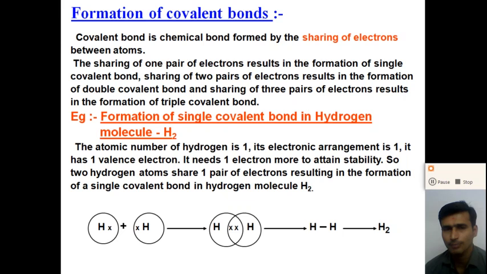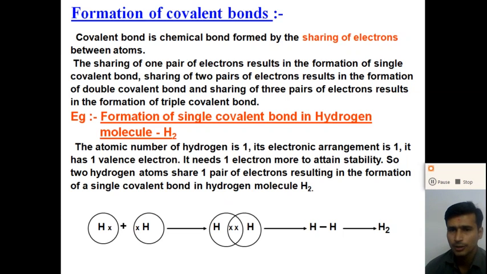The sharing of one pair of electrons results in the formation of a single covalent bond. When one electron is shared with one electron of another atom, it forms a single covalent bond. When two electrons of an atom are shared with two electrons of another atom, it forms a double covalent bond.